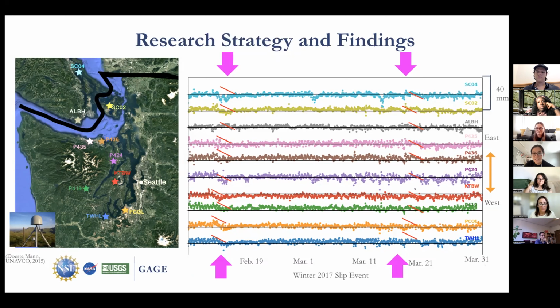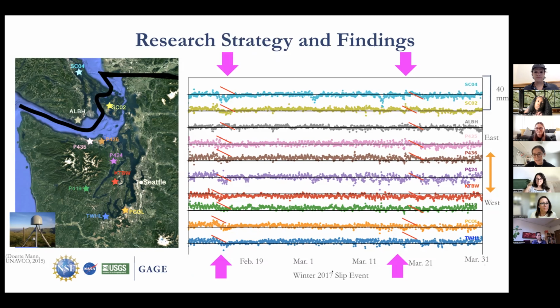So we used the 30-second GPS data, but averaged into 1 hour, 3 hour, and 6 hour sub-daily measurements in order to understand the amount, distribution, and timing of the reversal slip within the course of several days.